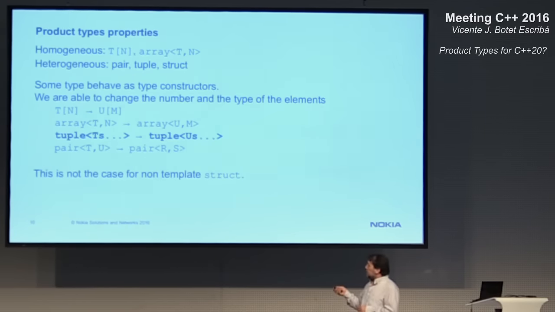And some types allow some kind of type constructors that allow to construct a similar type, changing either the number of elements or the type of the elements. And we will see that tuple is in some way the most generic one. And when we are working with structs that are not templates, we cannot do that. We cannot change the number of elements, neither the type.